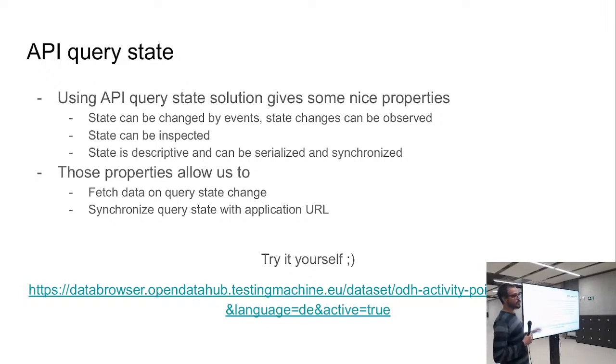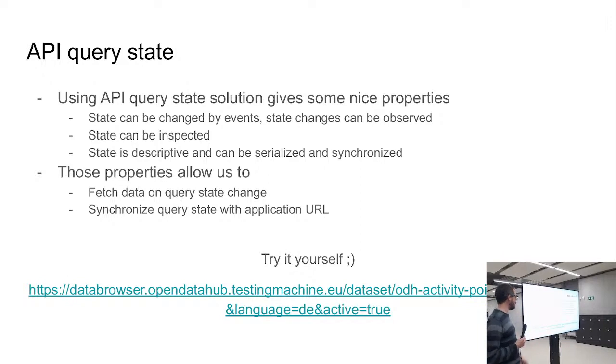For example, the user clicks on the filter, the state changes, the change is observed, and it triggers a fetch of the data. Another nice property is that the state can be inspected. So you can take a look at the current state and you can see, okay, this filter is set, this one is not set, and so on.